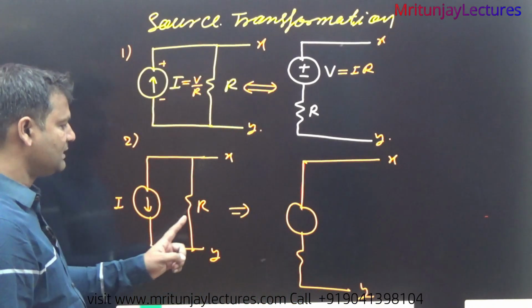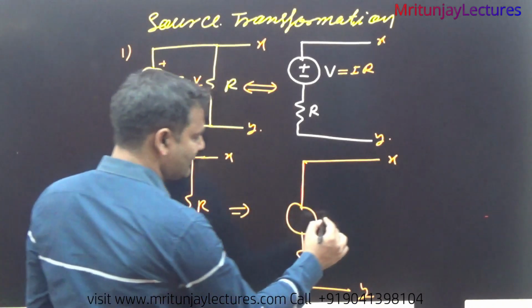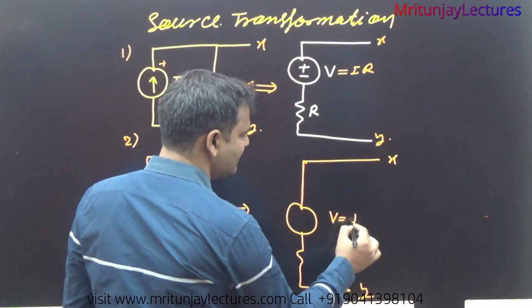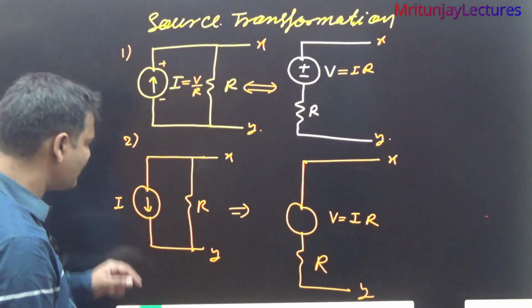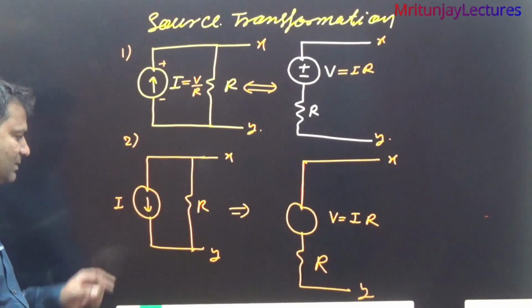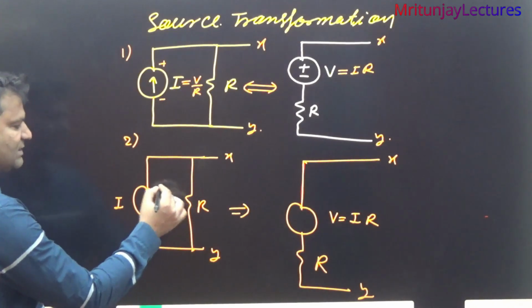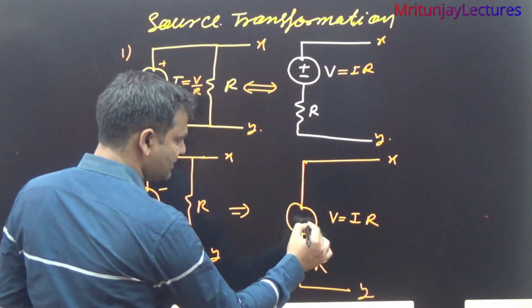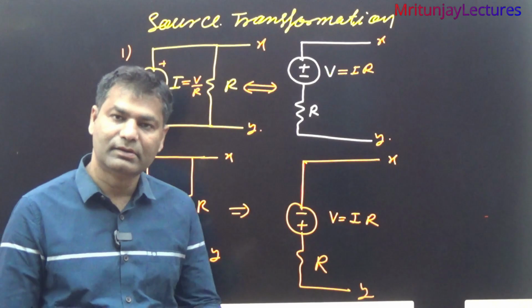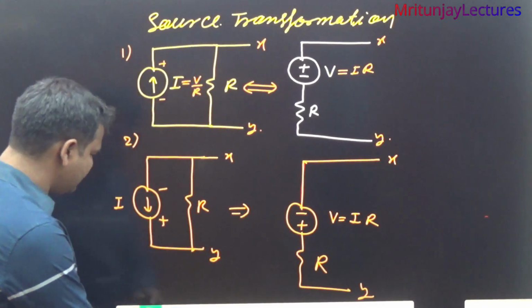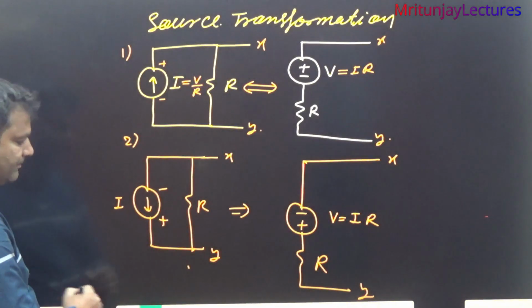What about the voltage? I into R. So first write V equal to I into R, with the resistance connected like that. Current leaves from the positive terminal, so this one is positive and that one is negative. Very simple.